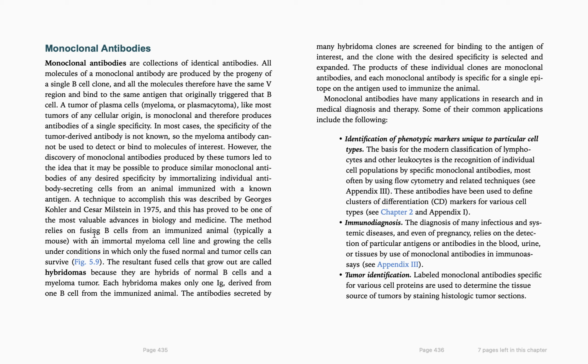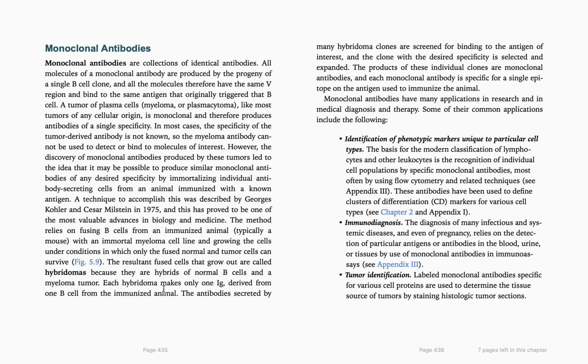The method relies on fusing B cells from an immunized animal, typically a mouse, with an immortal myeloma cell line, and growing the cells under conditions in which only the fused normal and tumor cells can survive. The resultant fused cells that grow out are called hybridomas because they are hybrids of normal cells and the myeloma tumor.